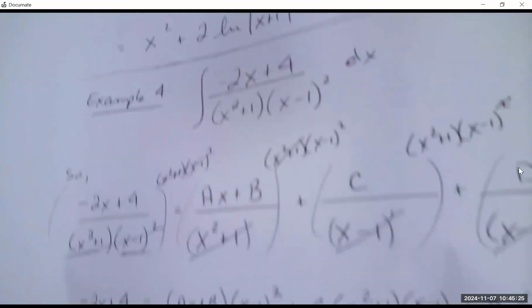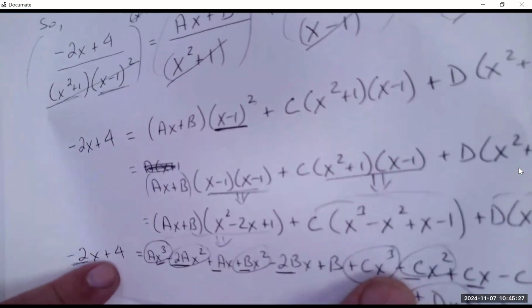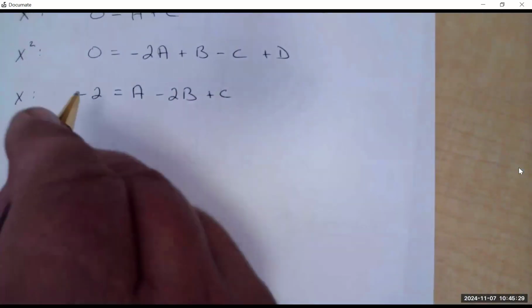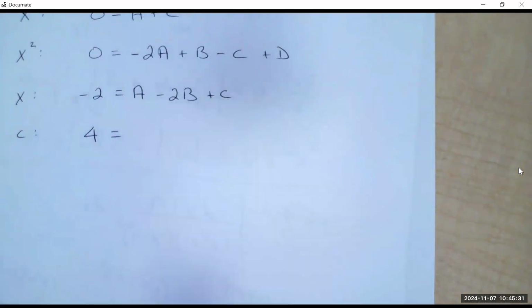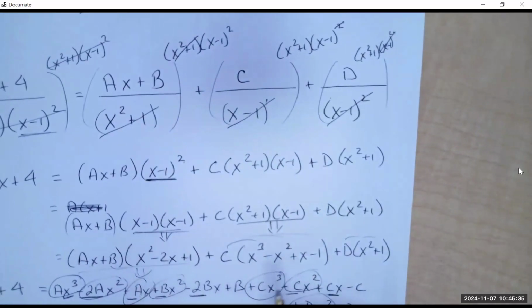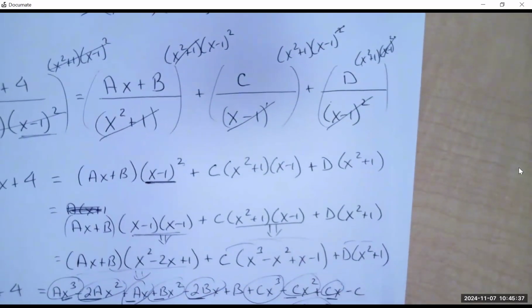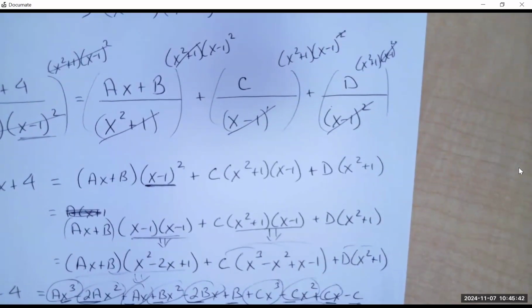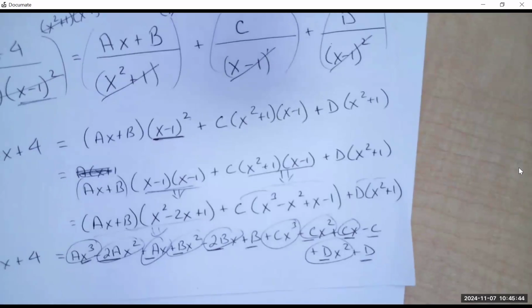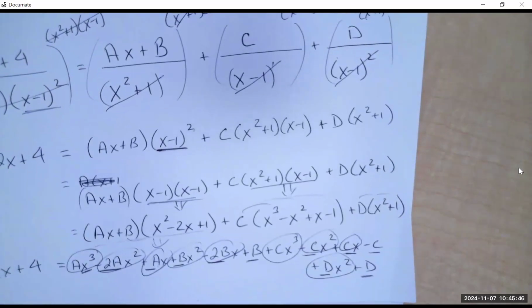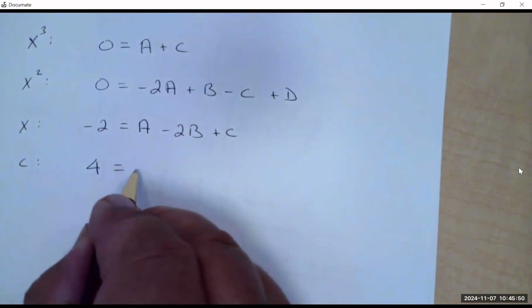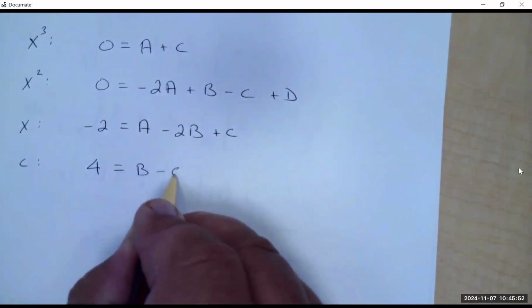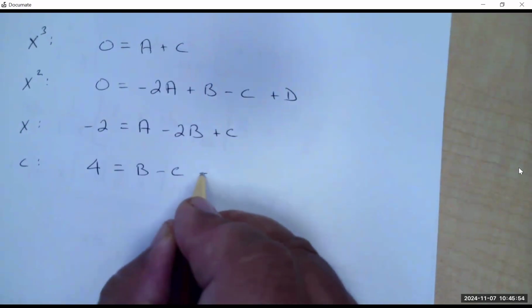And the constant is 4. So my constant is 4. And that's made up of b minus c plus d.